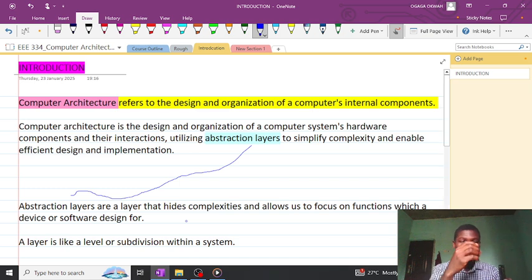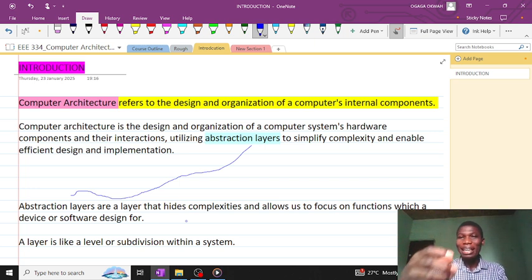Those complex connections and components inside, how they interact with each other to make sure they respond correctly to my touch, I don't have to think about those things. So the idea of abstraction layer is that those complex operations within the device are hidden from me, so that I can just focus on making use of the device.